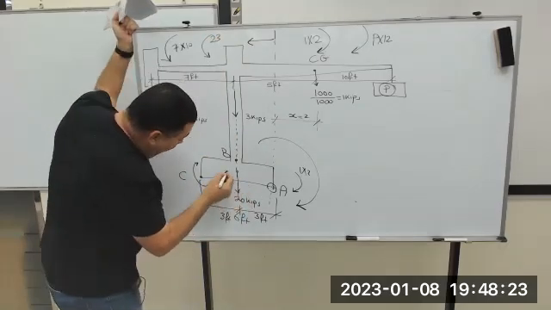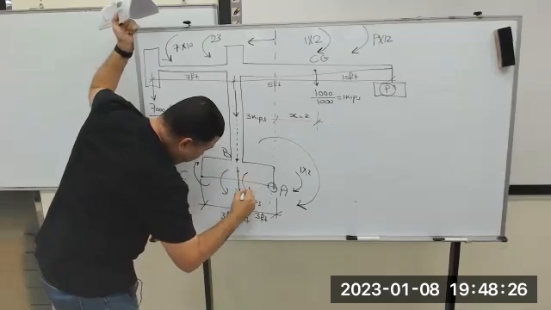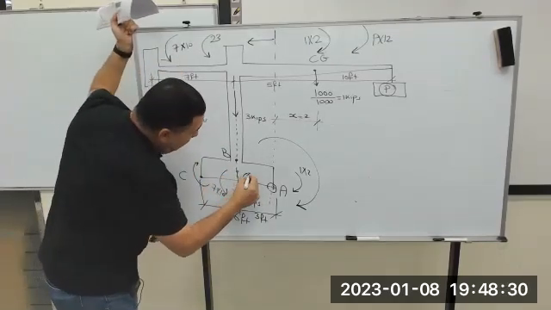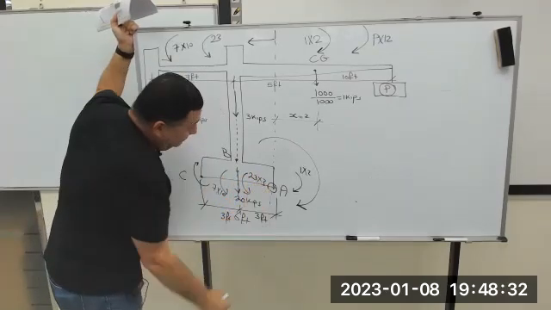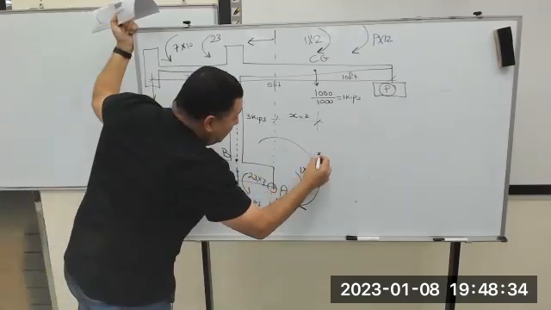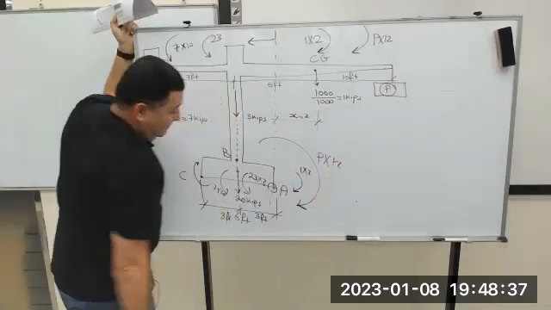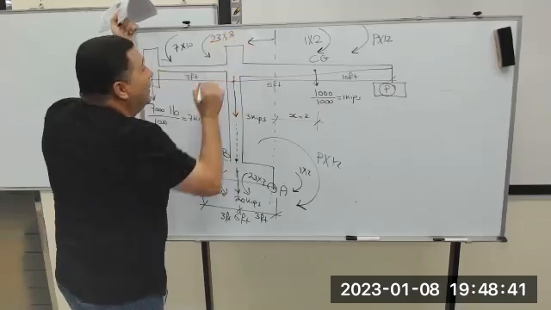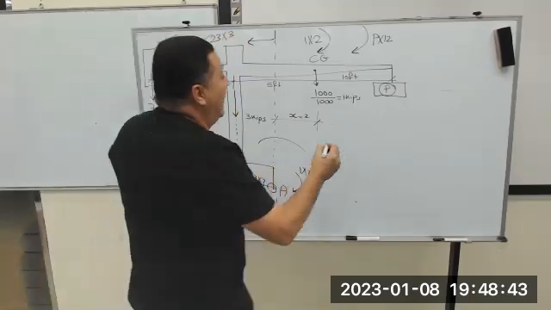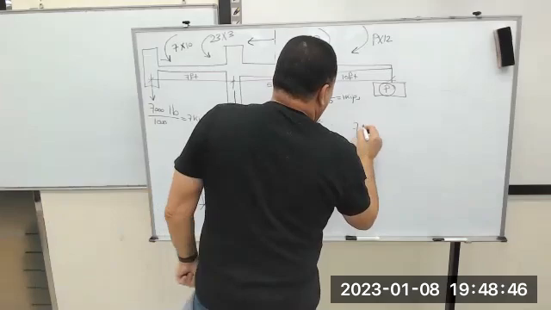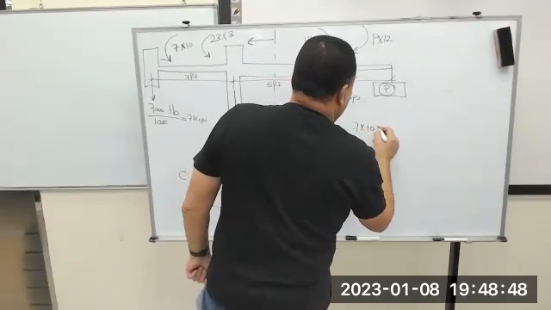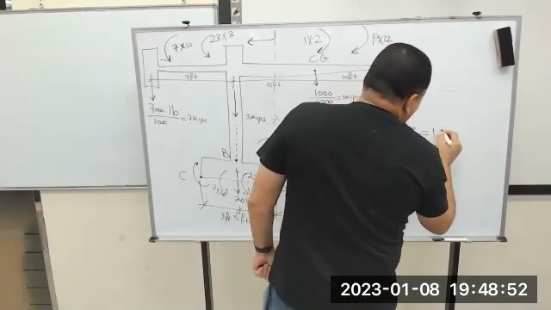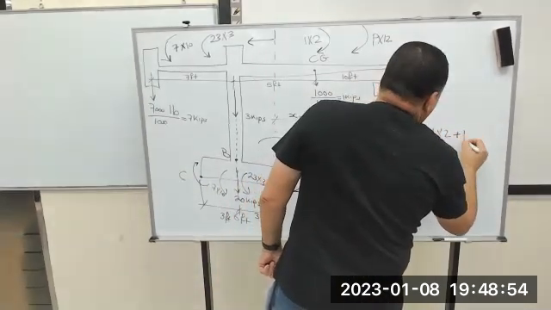The moment is 23 multiplied by 3. Very simple now. So the equation is: 7 multiplied by 10 plus 23 multiplied by 3 equals 1 multiplied by 2 plus LB multiplied by 12.